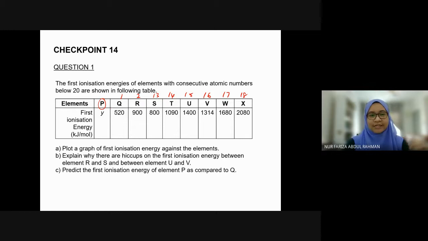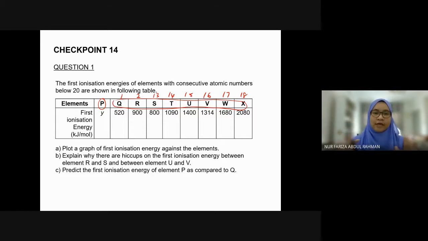So kalau P comes before the Q, that means P comes from the previous period. Okay, nampak tak hint dia dekat situ? P tak mungkin akan sama period dia with this element here. Dia tak mungkin akan sama because we have already determined dia ada 1 sampai 18 dah. Dah cukup.